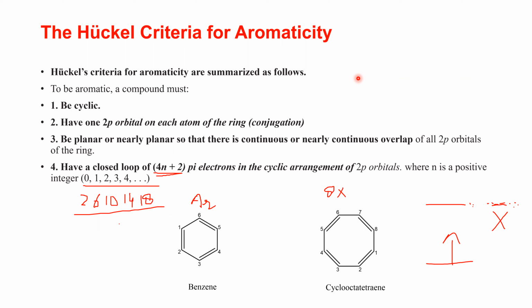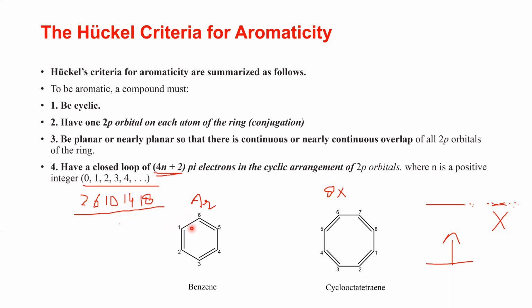That means, in a normal way, this is a conjugation, because if you just look at the benzene ring, all of the carbons have one 2p orbital, and that is making it possible for the pi electrons to move from this to this one, and this is facilitating the overlapping.